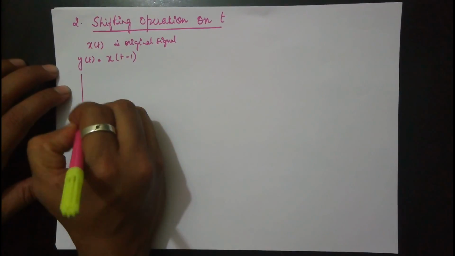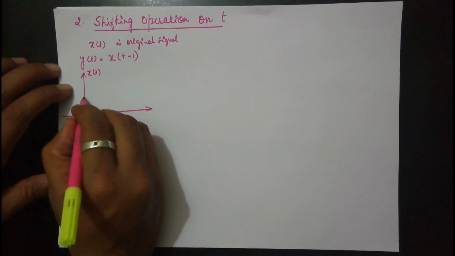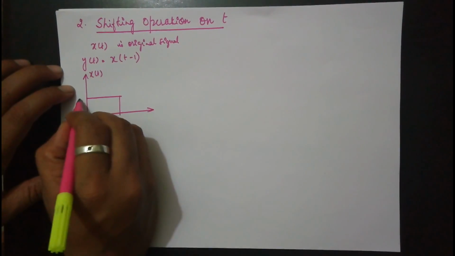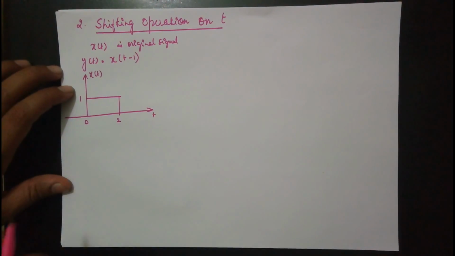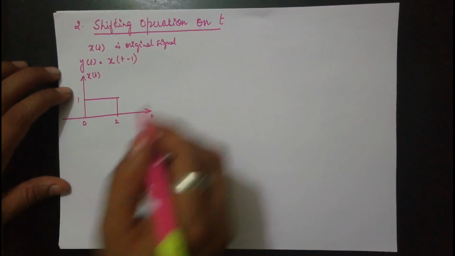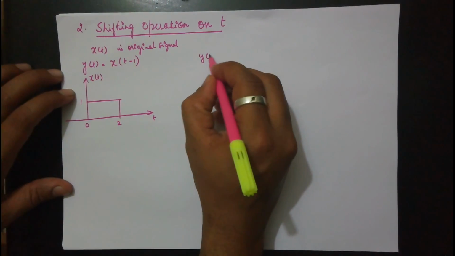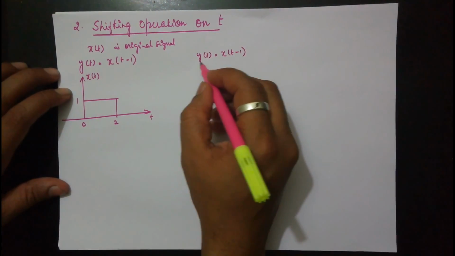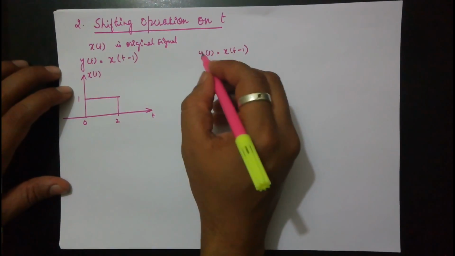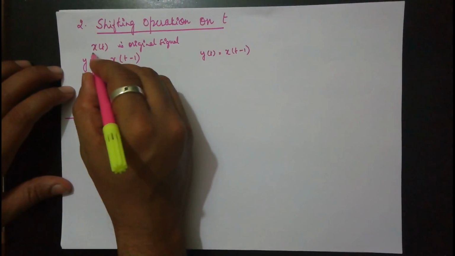Now I'll take x of t to be a rectangular waveform of amplitude 1 which swings between 0 to 2 with respect to t. Now I'll go on giving the values for t as in the previous case of reflection, and I'll get the waveform for y of t and then I'll plot it, which is the shifted version of my original signal x of t.